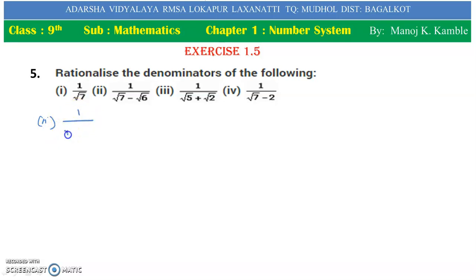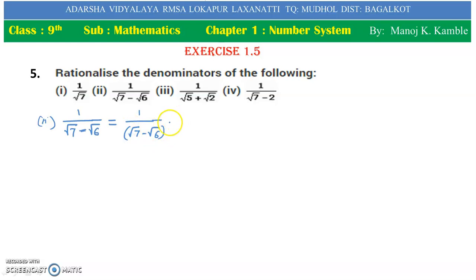One divided by square root of 7 minus square root of 6. Here a binomial term is present. If a binomial term is present, then its rationalizing factor is obtained by changing the sign.